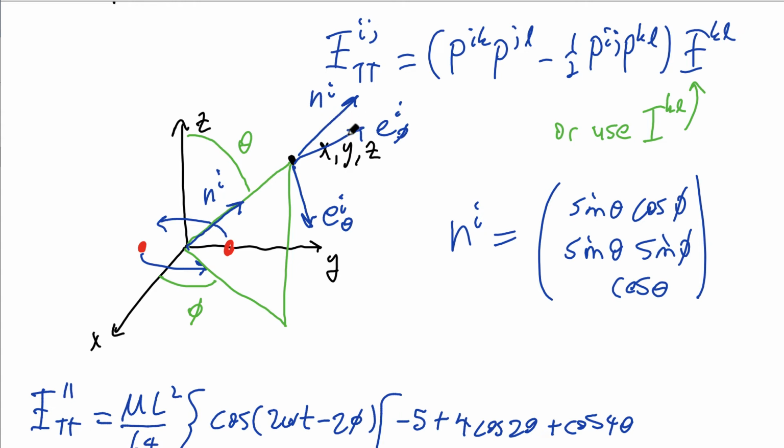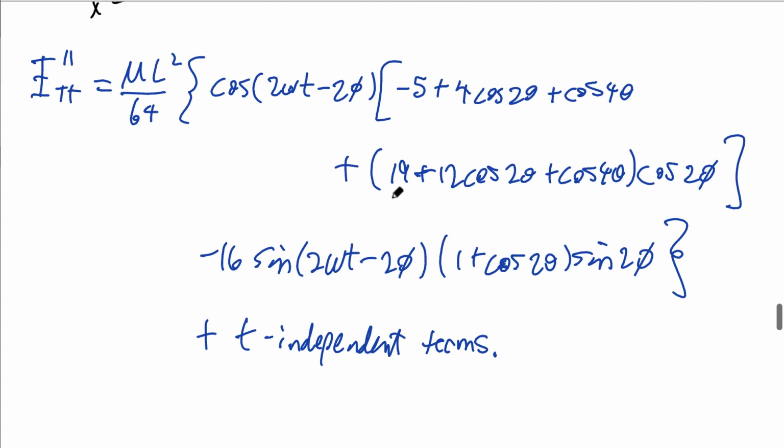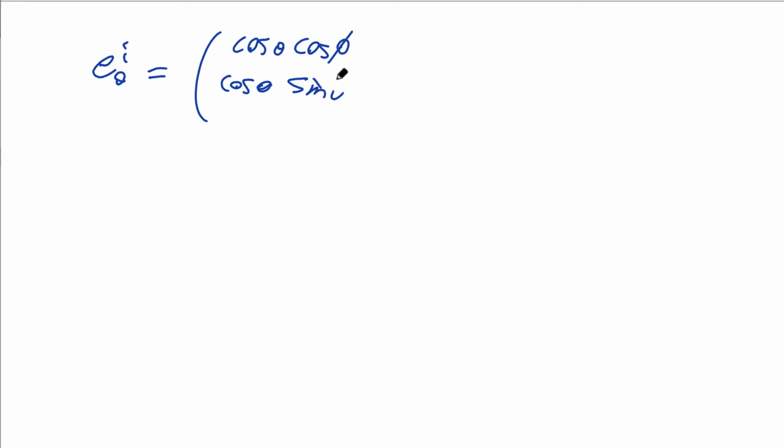Now, it's not too difficult to show that the Cartesian coordinate components of these two basis vectors are given explicitly by e theta equals cosine theta cosine phi, cosine theta sine phi, and minus sine theta.